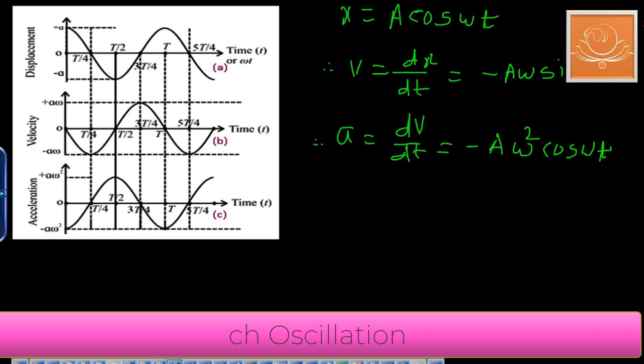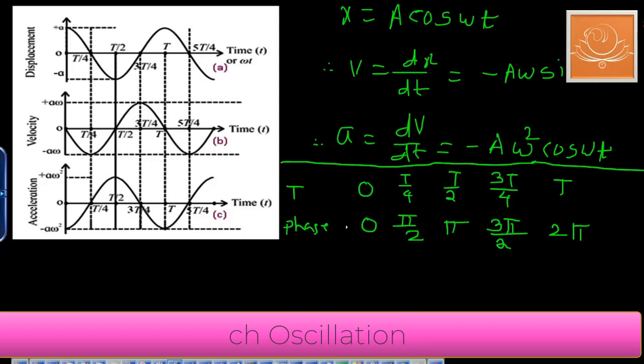Now we have to find the values of x, v and a at different phases or at different times. See, T and the corresponding phase, and velocity at these phases or this time. Now at phase equal to 0, cos of 0 becomes 1, so displacement becomes a.